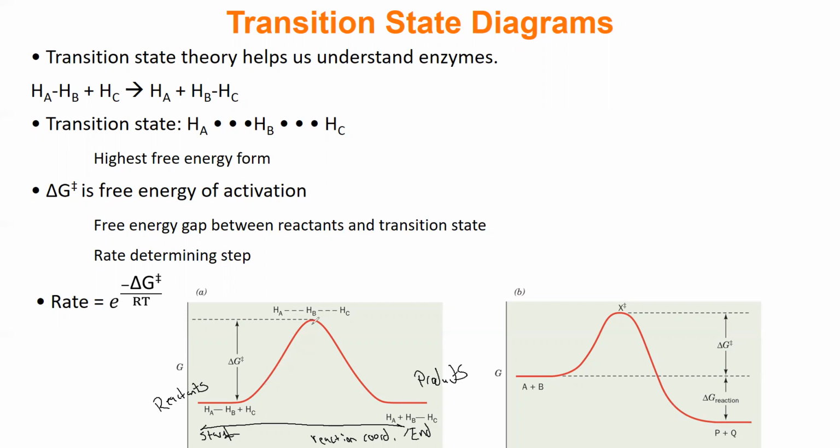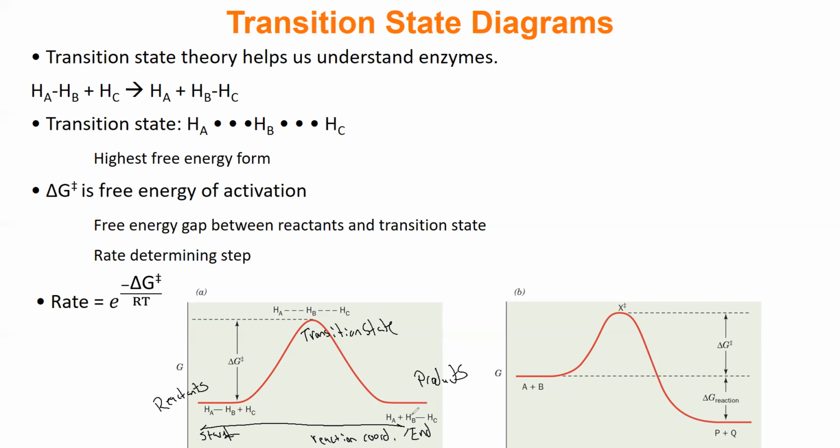And at this hill, we have what's called a transition state, which is the highest energy form, right? So let's look at the reaction we're actually doing here. We have molecule HA being bound to molecule HB, and we also have molecule HC not bound. That's our reactants.